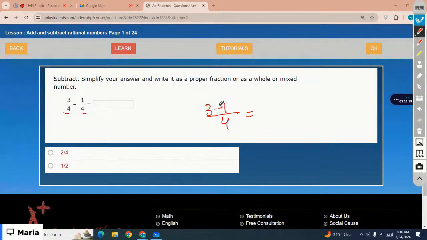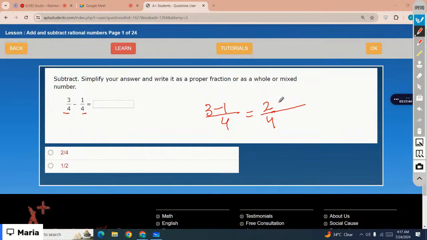3 minus 1: you have to subtract their numerators. That is 3 minus 1, so 3 minus 1 is 2. So that is 2 over 4. You have to convert them into the lowest terms.